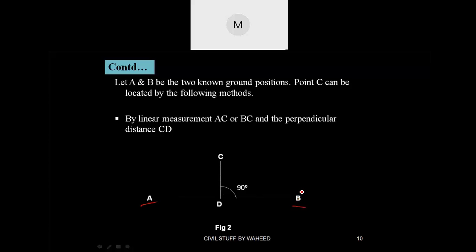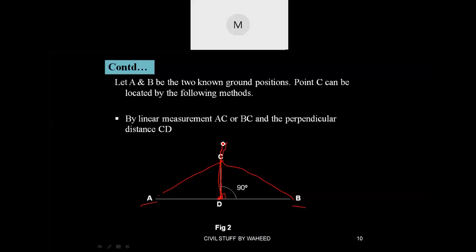On the ground itself, point A is fixed and point B is fixed, and I want to fix the point C. Now, by linear measurements AC and BC, the perpendicular CD. I know the AC length from the drawing. I know the BC length. Now, D is the midpoint. Perpendicularity means from 90 degrees I will raise a line.